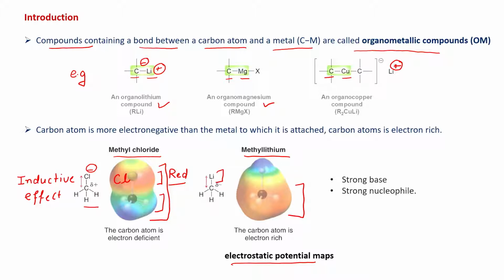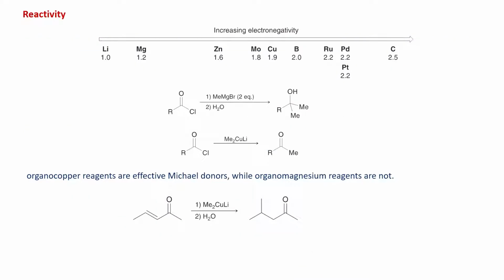So what decides the magnitude of negative charge on the carbon atom? Here comes the electronegativity. Okay, so see, lithium electronegativity is 1, carbon electronegativity is 2.5. If you do 2.5 minus 1, you will get a 1.5 difference.